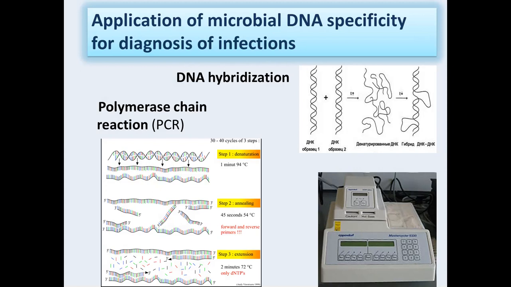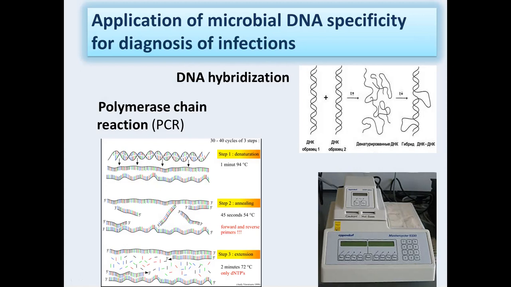As a result, we have two molecules of DNA instead of one. And this process is repeated many times, 30 to 40 cycles, and the amount of DNA significantly increases, but only if it contains the complementary DNA of the target bacteria. And this DNA may then be detected biochemically using a special device named an amplificator.